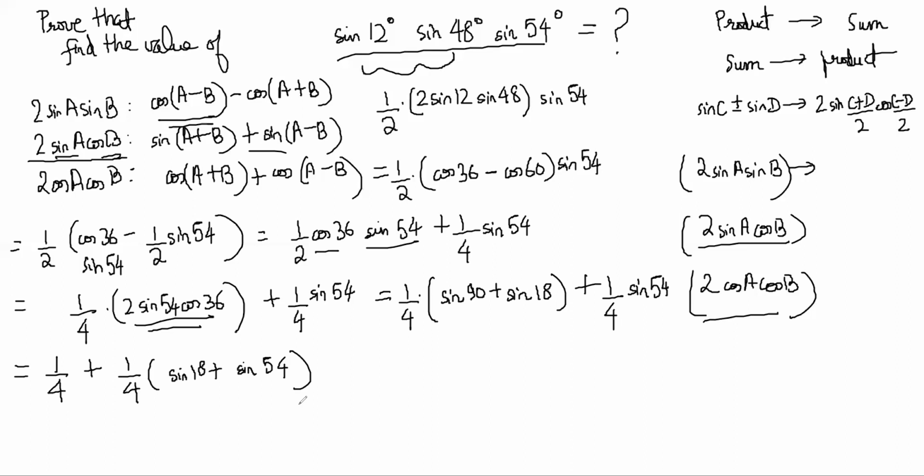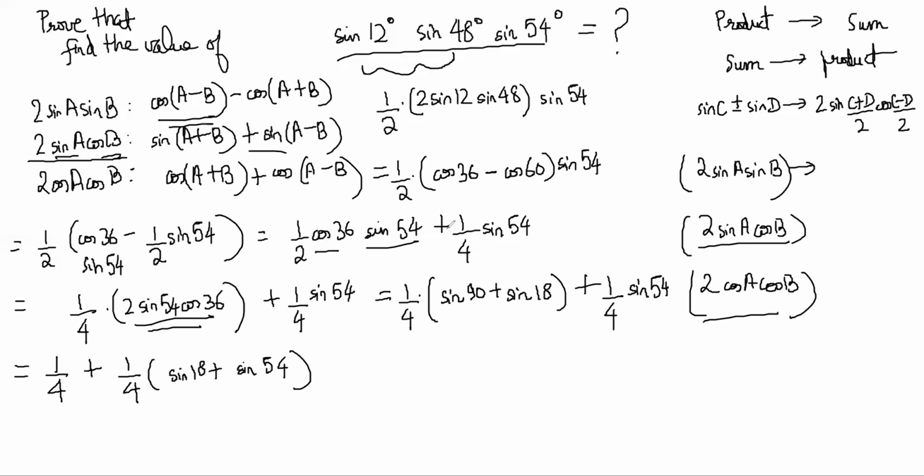So sine plus sine. Okay, so sin 18 plus 54, how will we simplify? Wait, I feel like I have made a mistake somewhere, some sign mistake or something. Wait, is it a minus? No, sin 54.